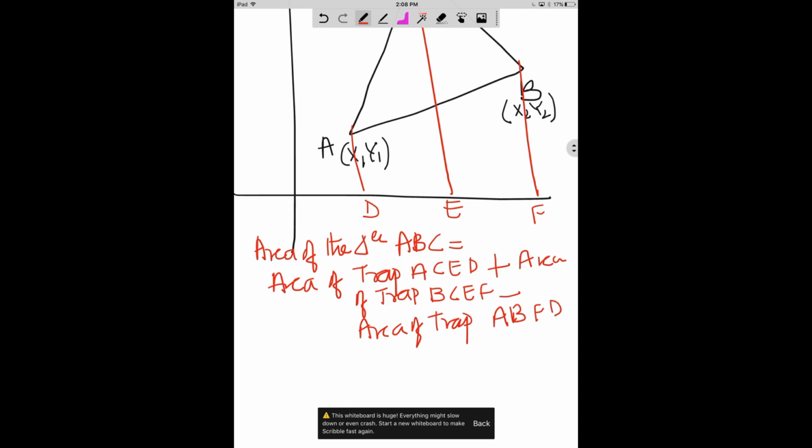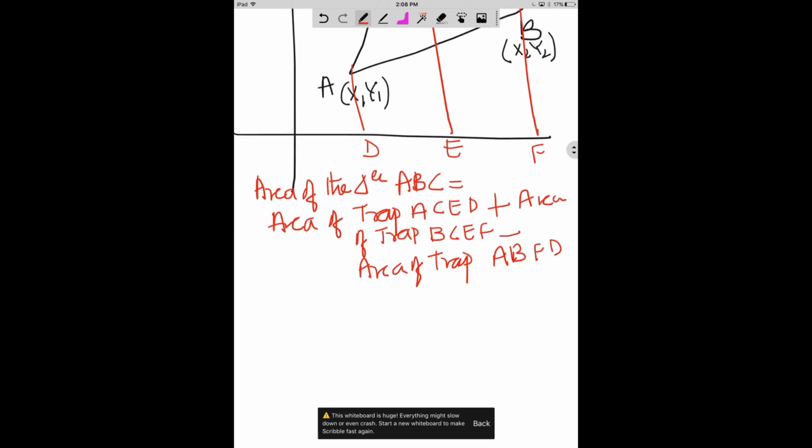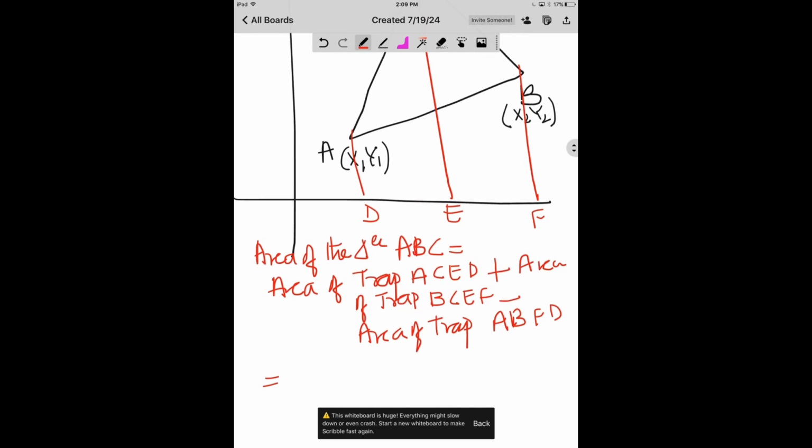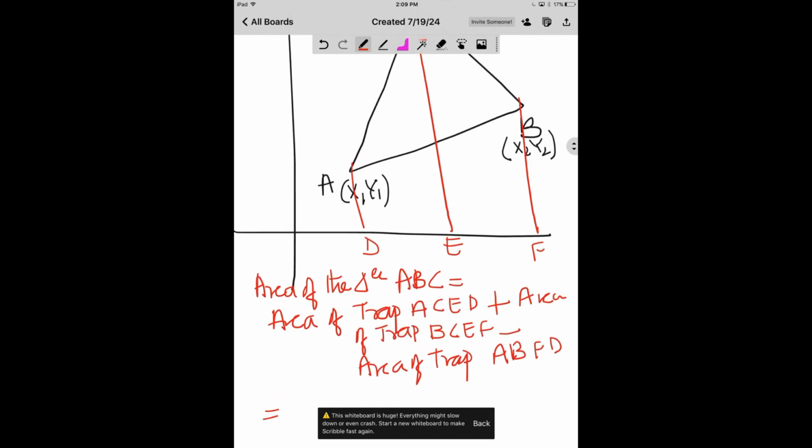So area of the trapezoid is half h into the sum of the parallel sides. Half into the distance between the parallel sides times the sum of the parallel sides. That is the formula for a trapezoid, or half h into (L1 plus L2).